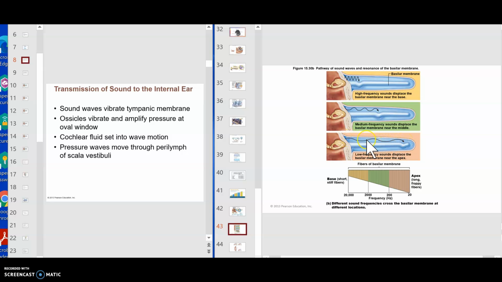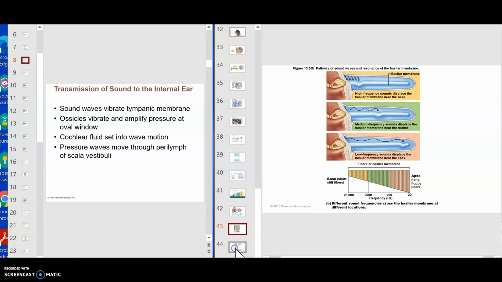And if it can't perceive at all, it would just come around and no perception of sound would occur. So we start with 20,000, and they would even be more rigid in a dog or cat because they can go above that 20,000. And an elephant way above there.